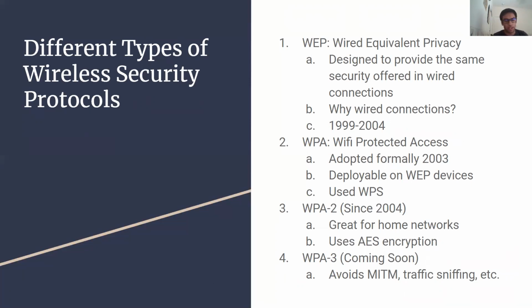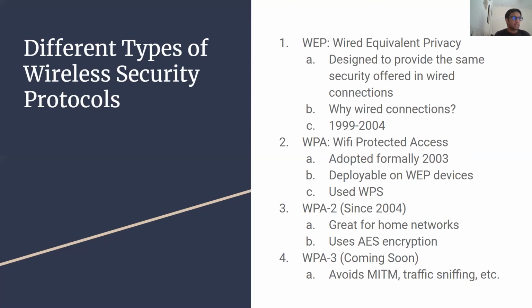That's why people say it's more secure than wireless, because you can inject packets and do all that crazy stuff. This first type of protocol was designed to provide the same security offered in wired connections. It ran from 1999 to 2004, and there are many problems with this, and that's why it stopped running in 2004.